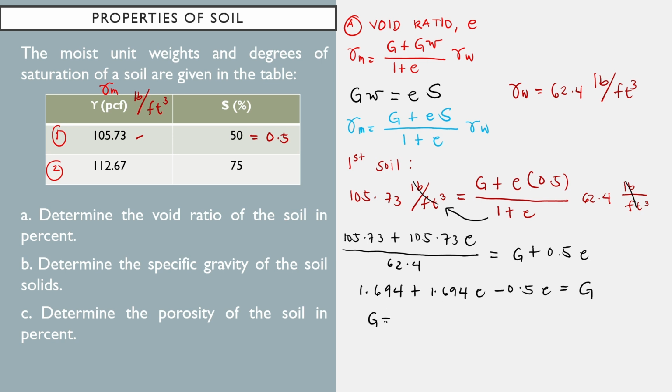So G is equal to 1.694 plus 1.694 e minus 0.5 e. So, that is 1.194 e. Ayan, so ito, 1.194 e. So, ito yung equation 1 natin. Equation 1. So, i-leave muna natin yan.